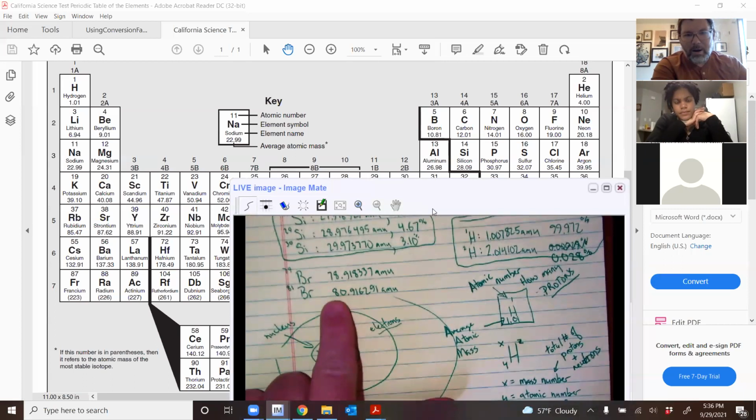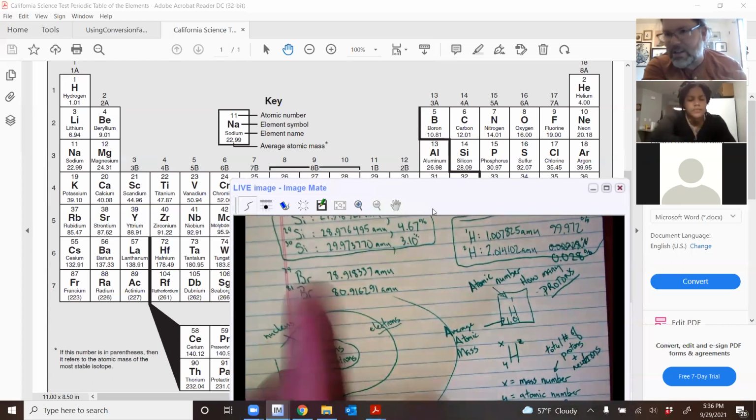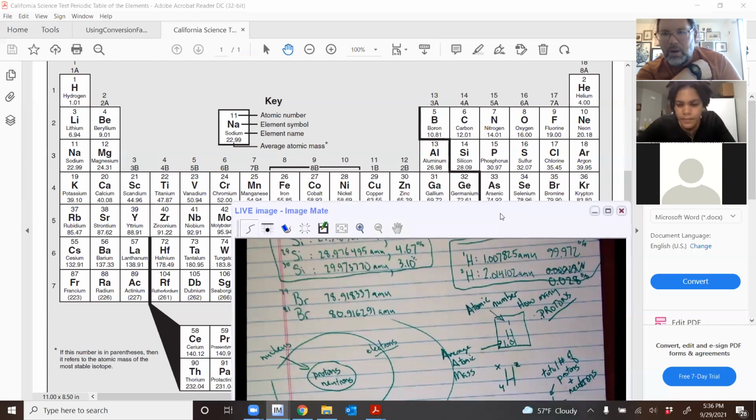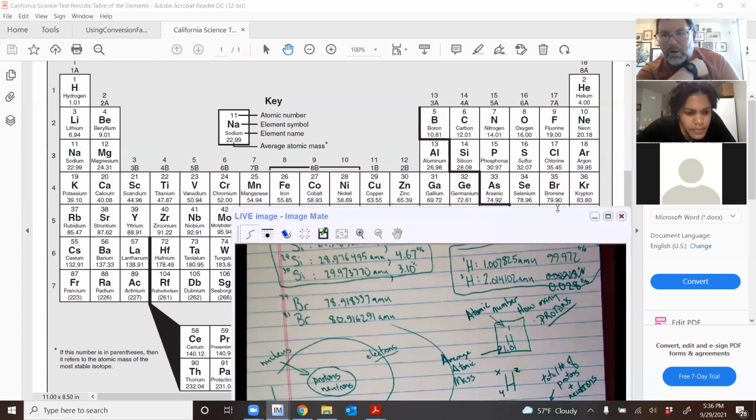So here are the two isotopes of bromine and their isotope masses. If we look at bromine on the periodic table, there is its average atomic mass to 4 significant figures. So what I want you to tell me is what percentage of each one of those bromine isotopes are there in our pile of bromine atoms.